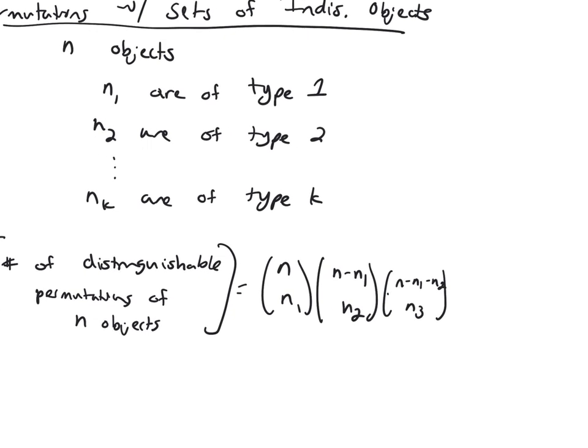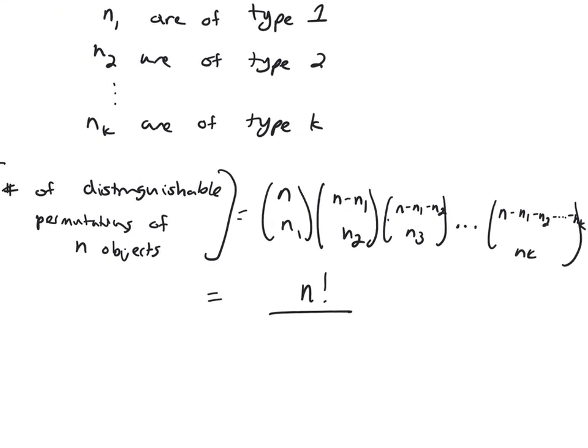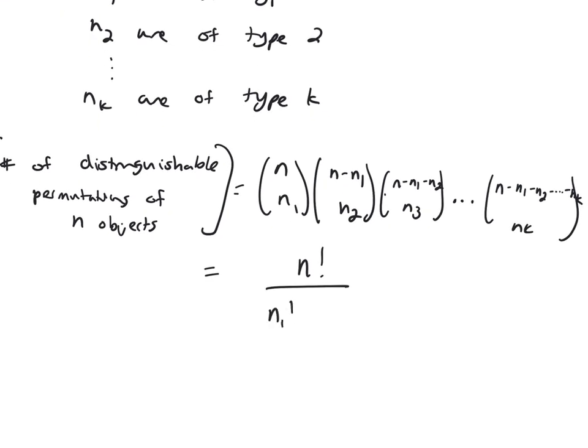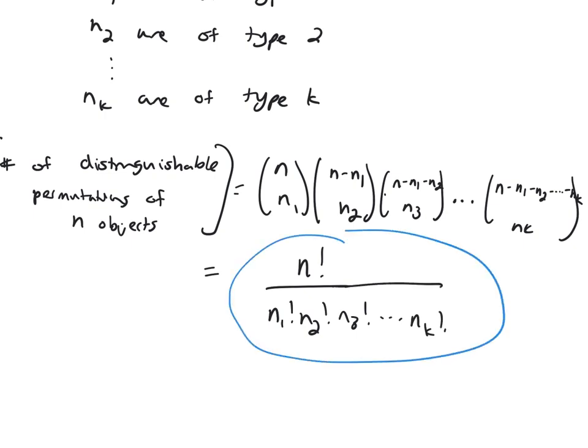So it's this first formula, and I'm going to simplify it so it looks a lot nicer. But in general, the formula is n factorial over n1 factorial, n2 factorial, n3 factorial, all the way up to nk factorial. So just like in the last problem, we had 11 factorial over 4 factorial, 4 factorial, 2 factorial, 1 factorial. We get that same formula in general.